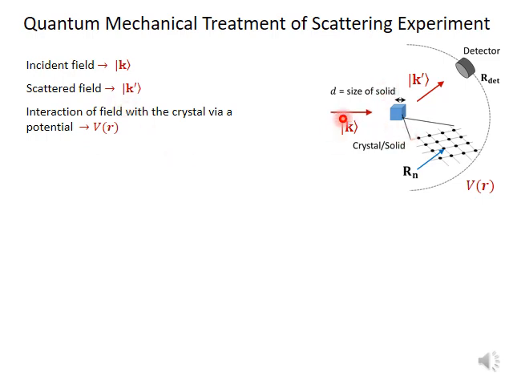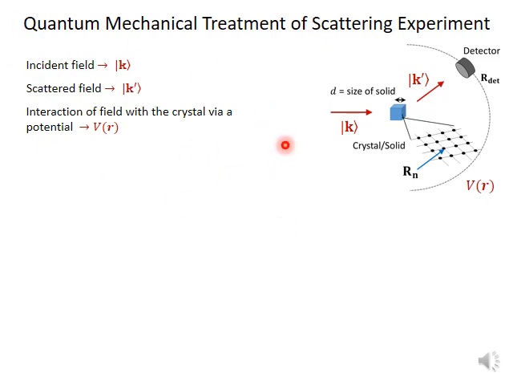These are two different states, and one state transforms into the other when it interacts with the crystal by a certain potential. This type of potential would depend on the type of entity which is incident on the crystal, and this is something we will talk about in more detail later on.